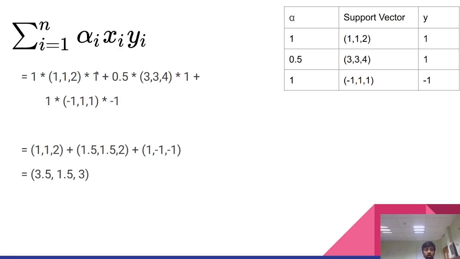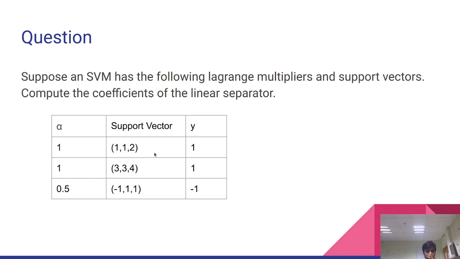Multiplying: 1 into 1 is 1, 0.5 into 3 is 1.5, and 2, and minus 1 is 1, minus 1 into 1 is minus 1. Adding all of them: 1 plus 1.5 is 2.5, minus 1 is 1.5; 2 plus 2 is 4, minus 1 is 3. So this is the coefficient.